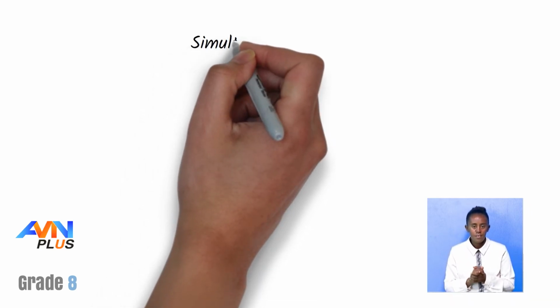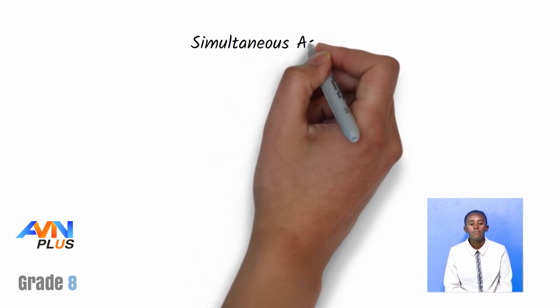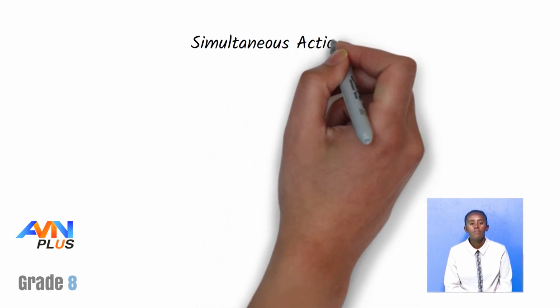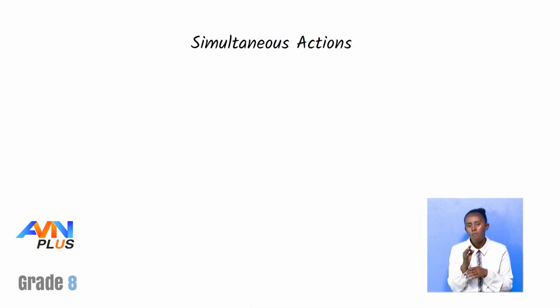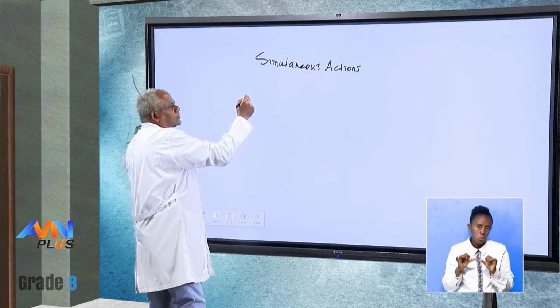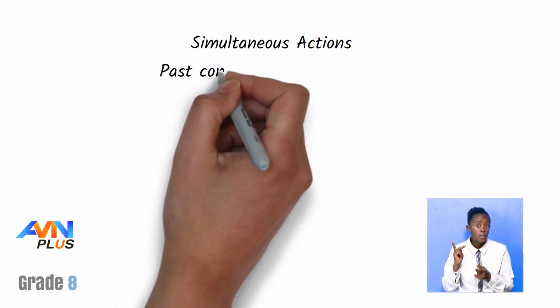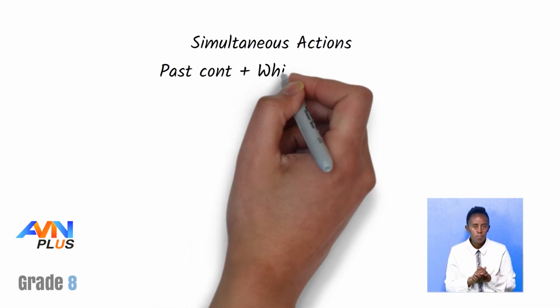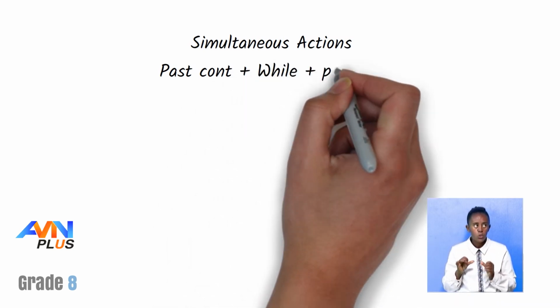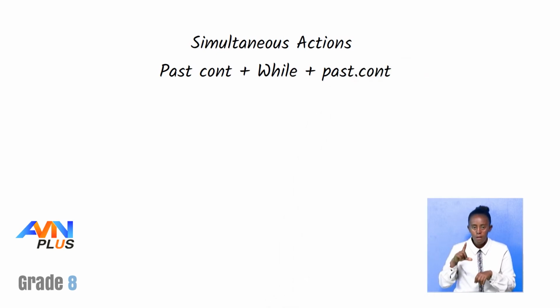Simultaneous actions. What kind of actions are these? These are also parts of the past continuous tense, so it's better to write: past continuous tense plus while plus again past continuous tense, the same as the previous one.